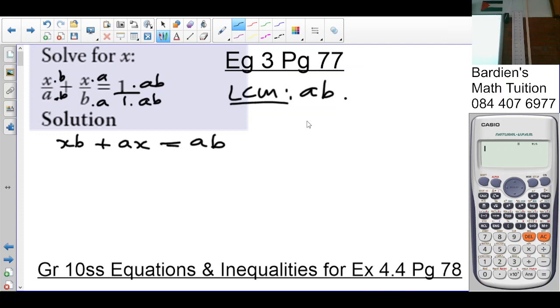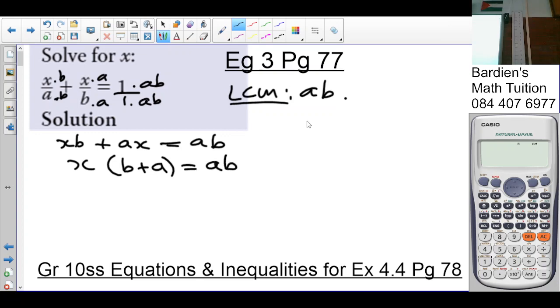So what do I do now? Is the X on one side of the equal sign? Not so. X is a common factor. What am I left with? X times B plus A equals AB.